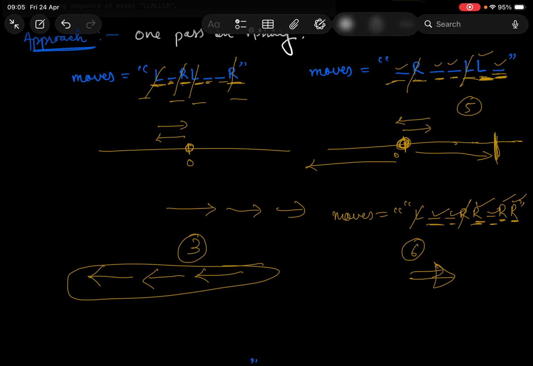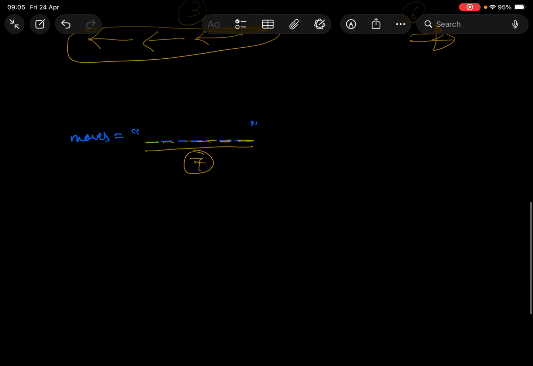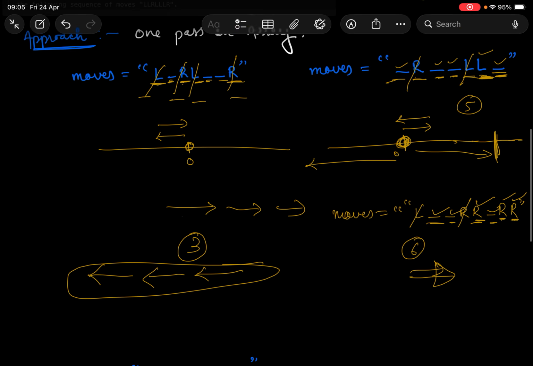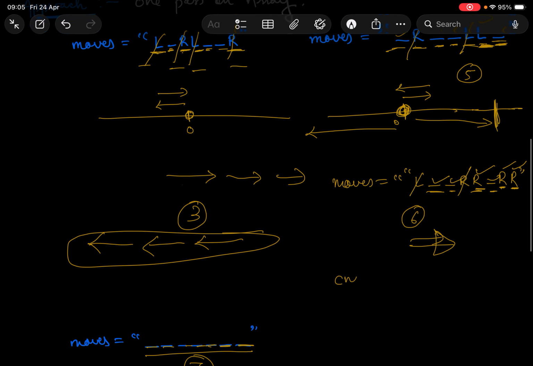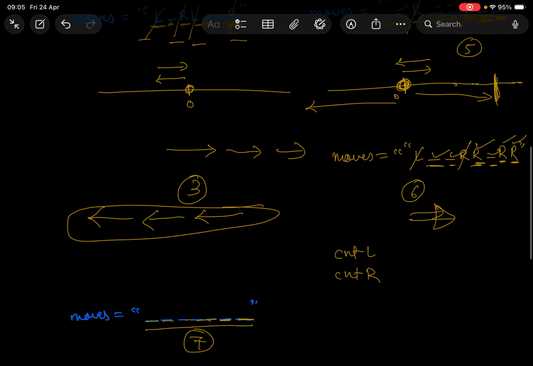So if you have observed carefully, what I need to know is the count for left, count for right, or I can write it as L count, R count, and underscore count.